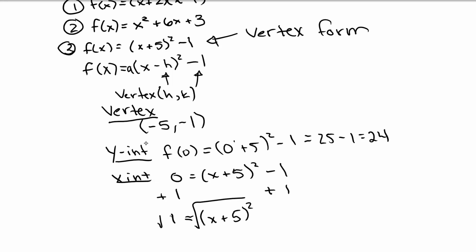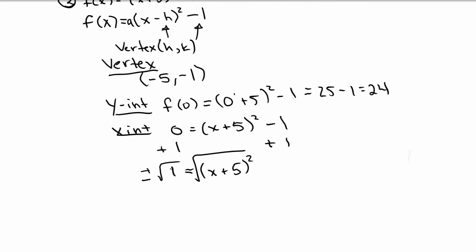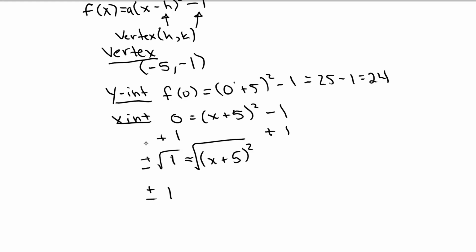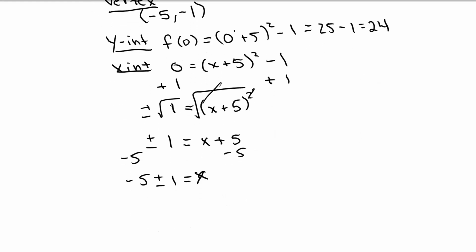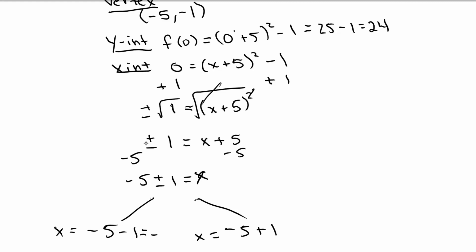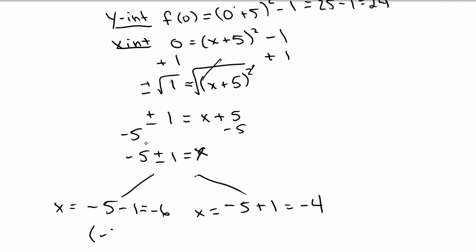Then we do the square root. We need to remember a plus or minus. Square root of 1 is plus or minus 1. This one cancels out, so you've got x plus 5. Subtract 5 from both sides. We've got -5 plus or minus 1 equals x. So break it up into your two cases. -5 minus 1, -5 plus 1. And we've got -6 and -4. So -6, 0, -4, 0.